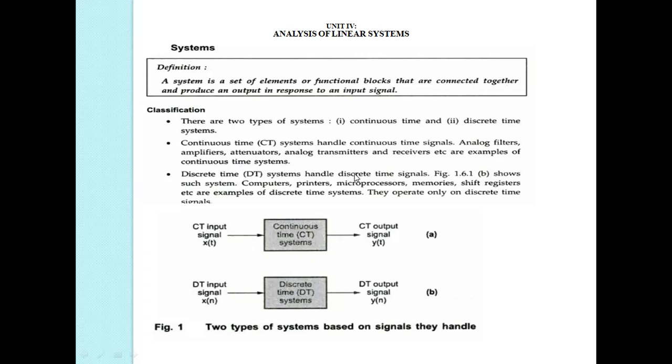A discrete time system handles discrete time signals, as shown in figure B here. The input is a discrete time signal, and the output is also a discrete time signal, which is analyzed using discrete time systems. What are the examples of discrete time systems?